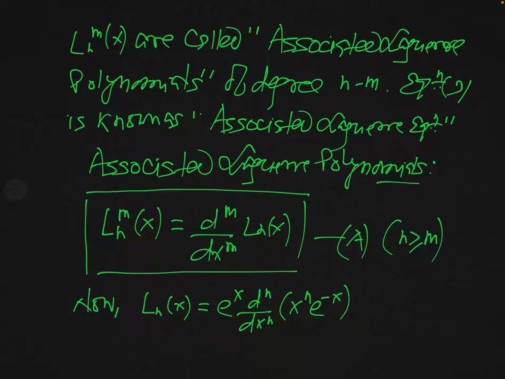You know this is known as the Rodrigues formula for ln of x. So, using this expression for ln of x in equation A, you may define L_n^m(x) in an alternative manner.